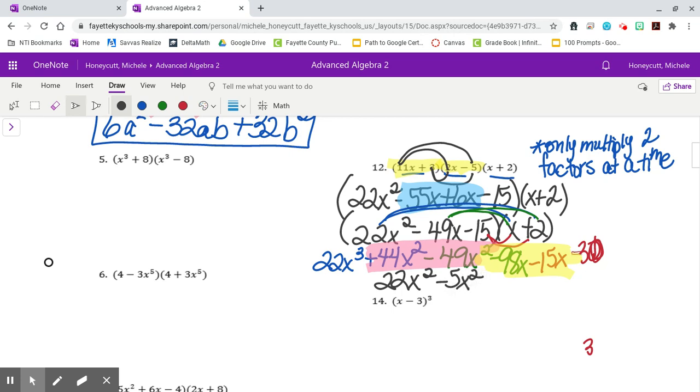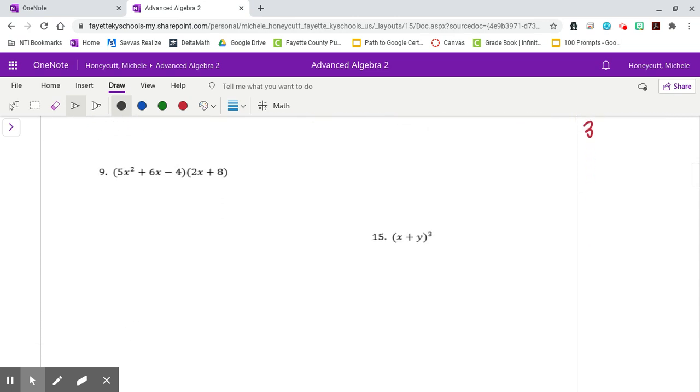Negative 98 minus 15 is minus 113x. And then bring down the minus 30. So that's all 3 of those multiplied together. Ooh, that looks like a lot of work.